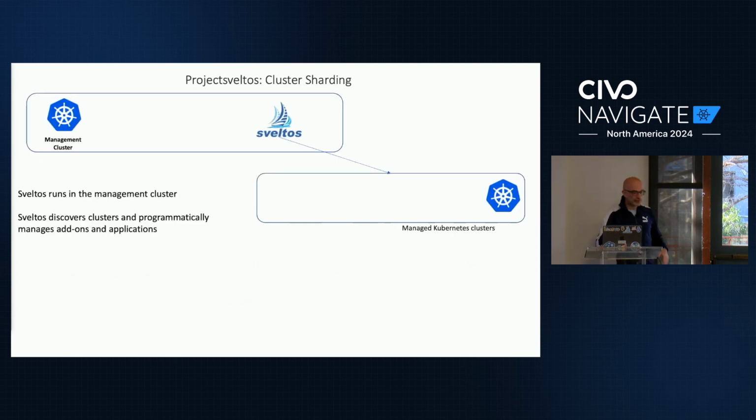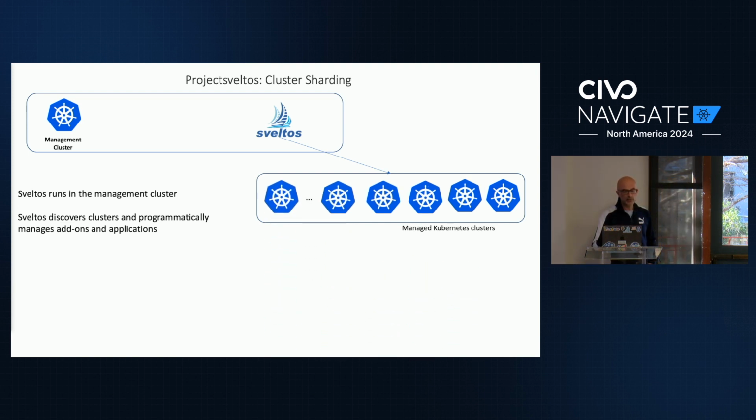Now, with respect to scalability, Sveltos has a built-in way to scale. I would say that if you go up to 50 clusters, the default configuration is fine. You don't have to do anything else. But if you go above that number, Sveltos has a built-in way to scale up.